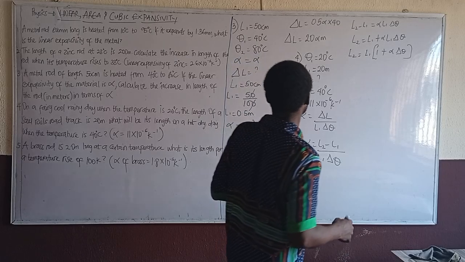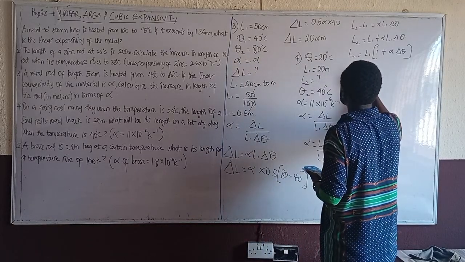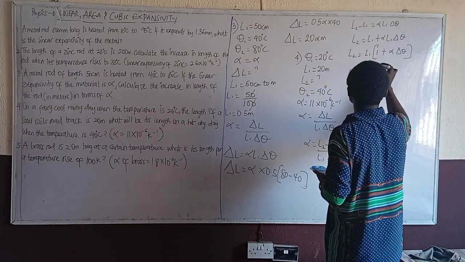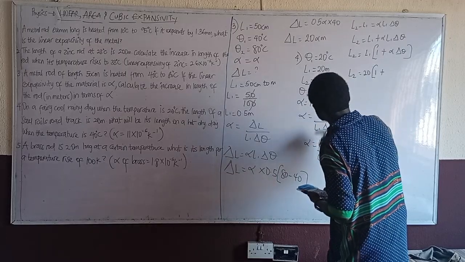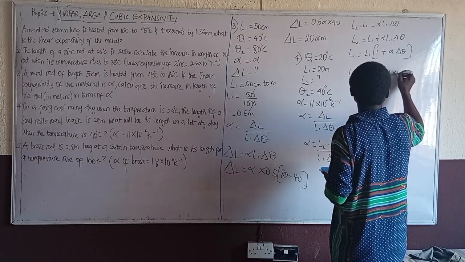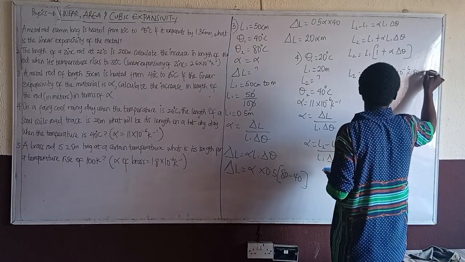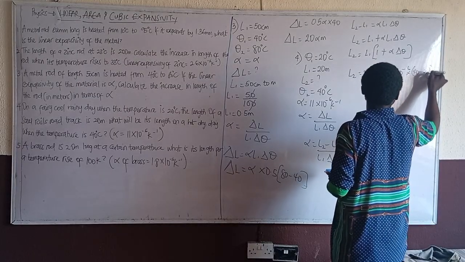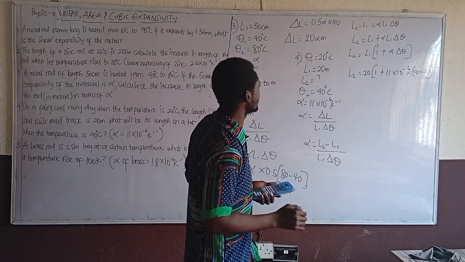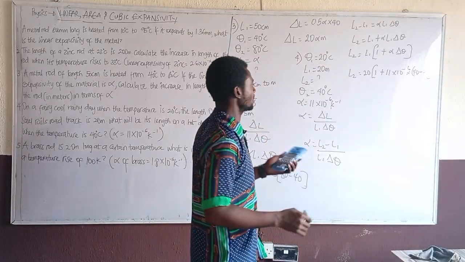So my L2 is unknown, L1 is 20, I have 1 plus alpha, which is 11 times 10 raised to the power minus 6, times 40 minus 20. That's what I have. 40 minus 20 is theta 2 minus theta 1.